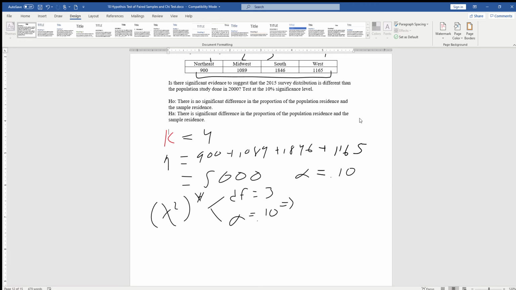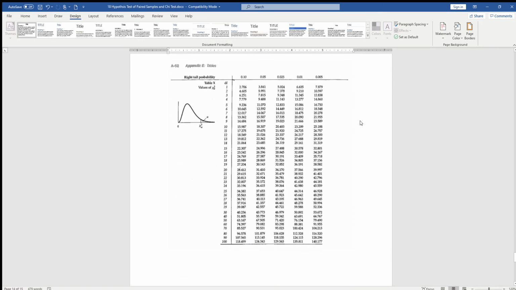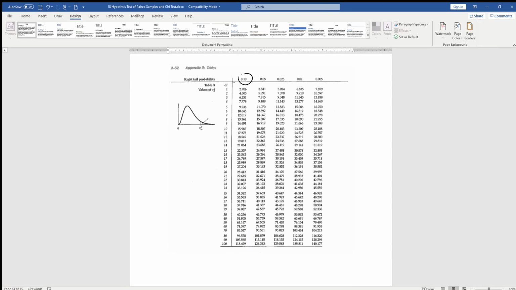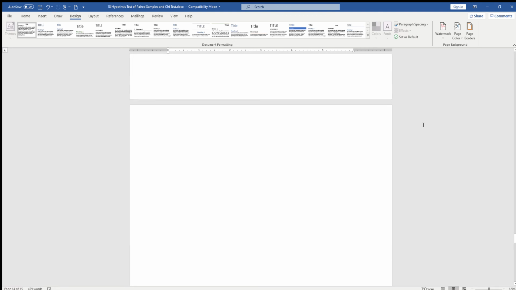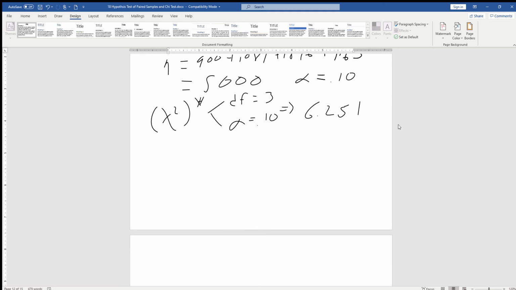And we're just going to go down to our table. In our table, we have 10% significance, and then we have 3 degrees of freedom, and we end up with 6.251. So we're going to construct the distribution.